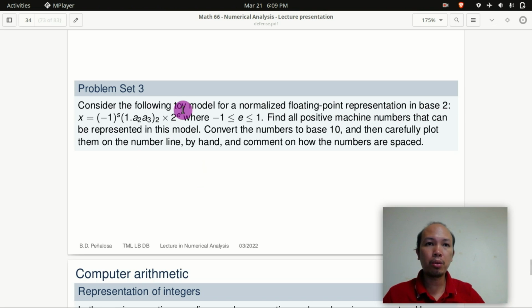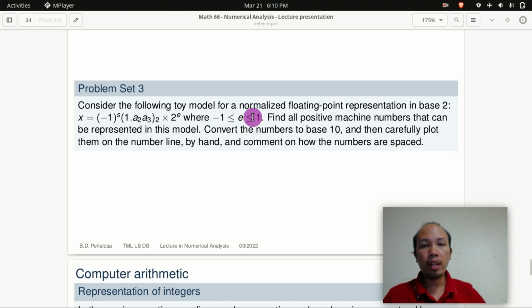In this representation, as you have noticed, we can access up to 2 digits from the left of the radix point, a sub 2 and a sub 3, and our exponent e is between negative 1 and 1, so meaning there are only 3 numbers, no? Negative 1, 0 and 1.